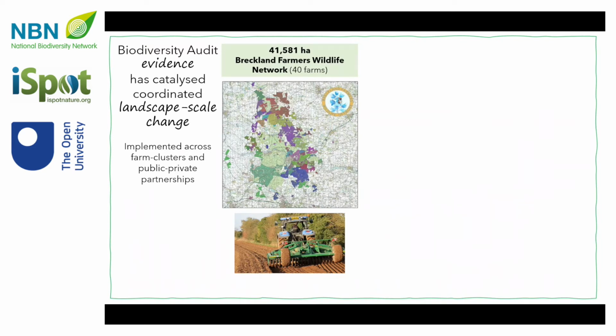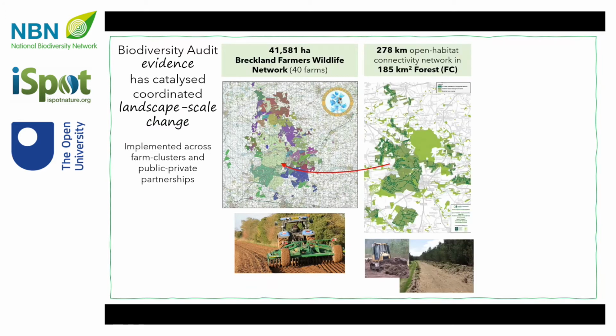implement the guidance. So in the Breckland, they formed a network of farmers who were implementing one type of disturbance prescription. It also incorporated a connectivity network of open areas through a forest landscape to connect to these farms.